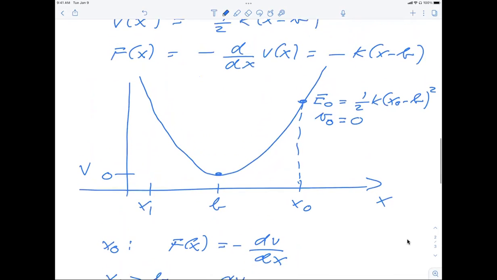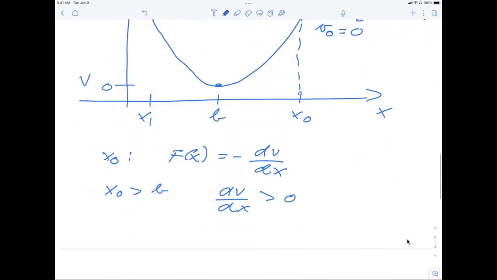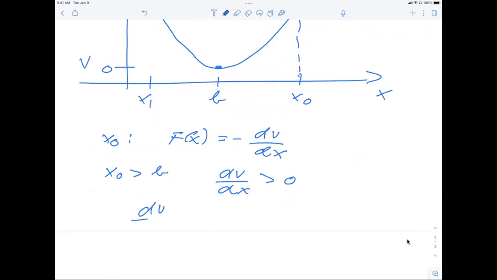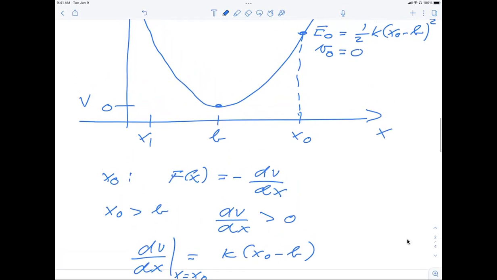If we take the derivative of the potential energy, dV/dx is given by K (x0 minus b) at x equal to x0. If you look at the graph here, we have simply said that x0 is larger than b.